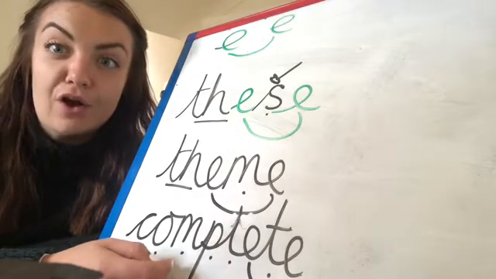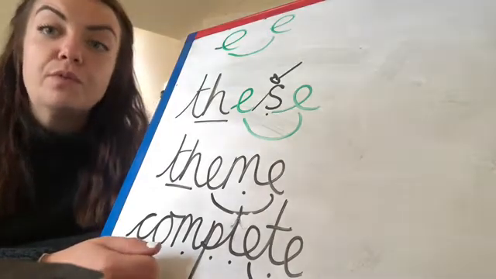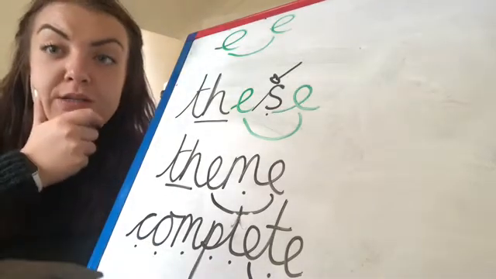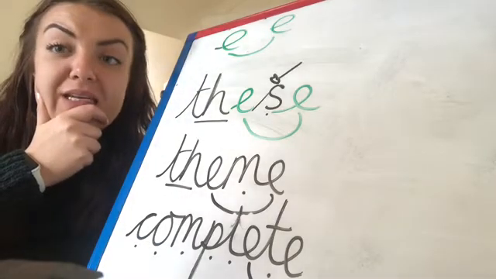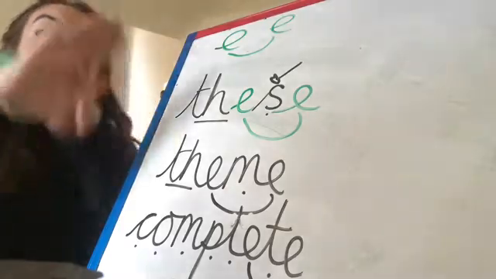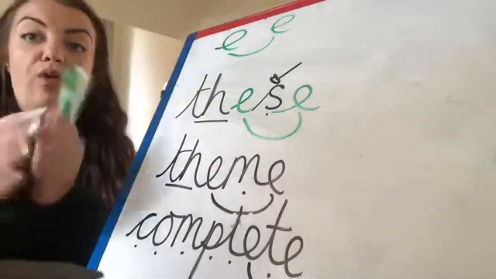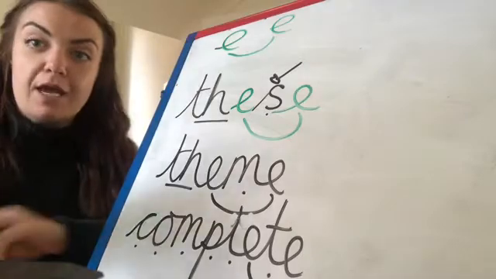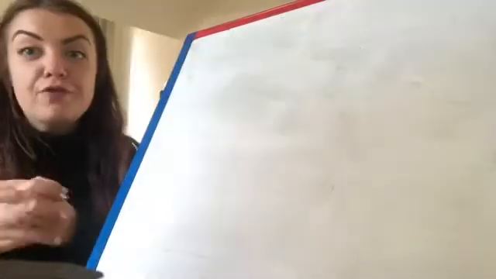Complete. Brilliant, complete. Tricky word, that one. Complete, have a think. Do you know what that means? Could use it as another word for the whole. It's like a whole, the complete thing. The complete thing. Fantastic.